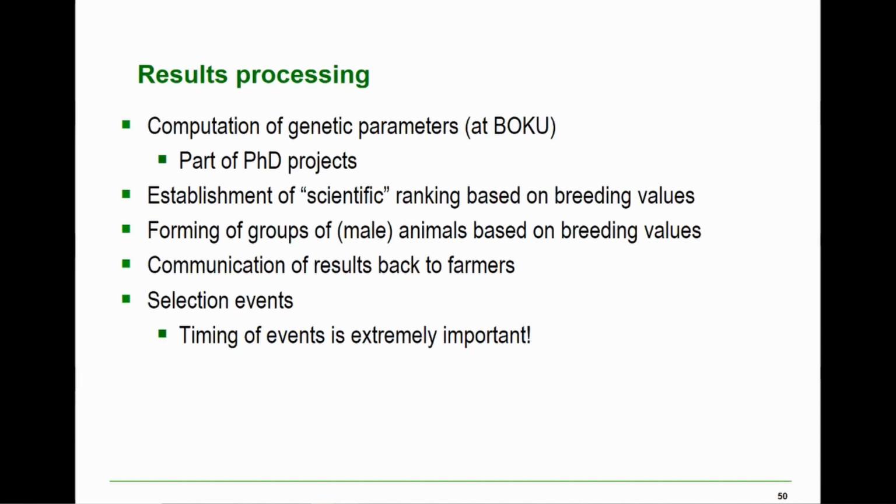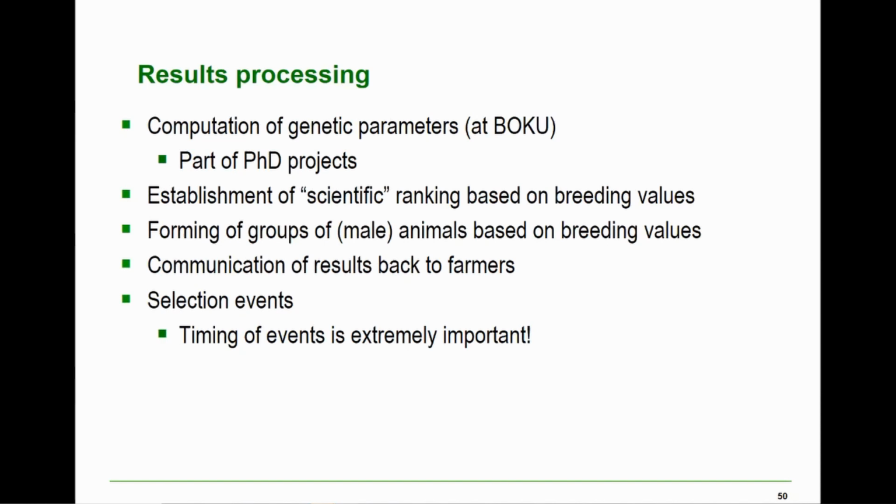But then the actual decision of which animals to use as the parents of the next generation was established during the selection events. So the selection events were again events on the ground where the researchers and also the farmers participated together. And also the timing for these events is really important because, of course, we want to ensure that we have reliable information about the animals, but also that the animals are still existing, so they were not slaughtered or sold by the farmers.